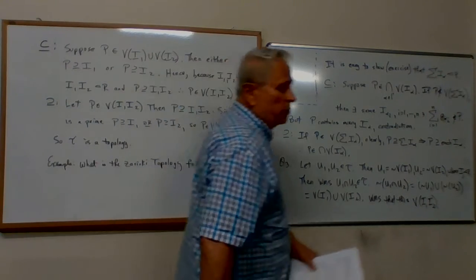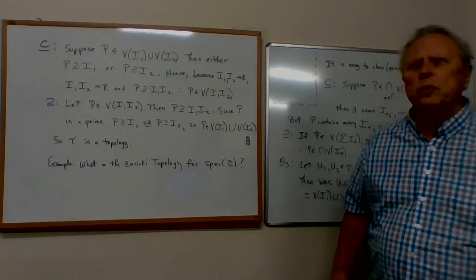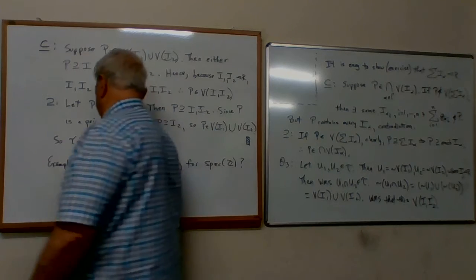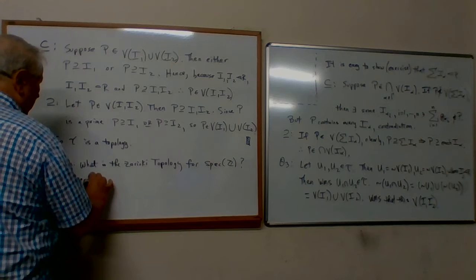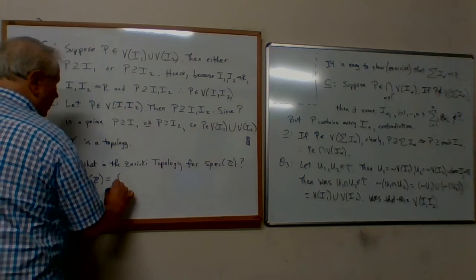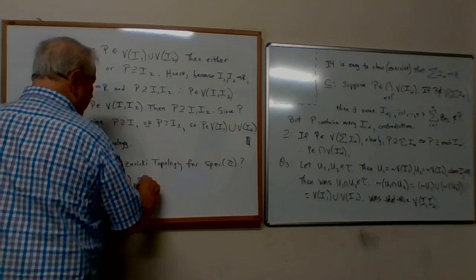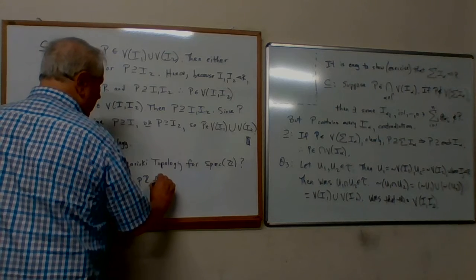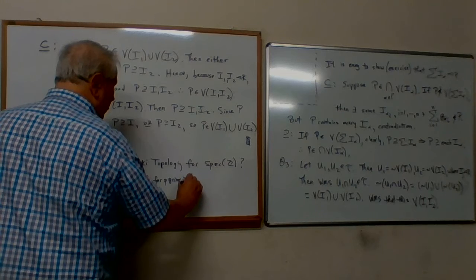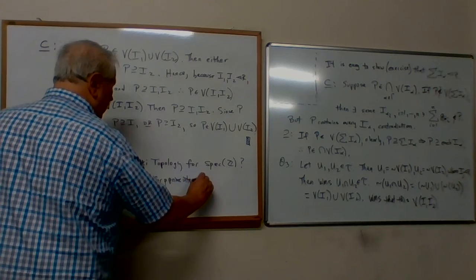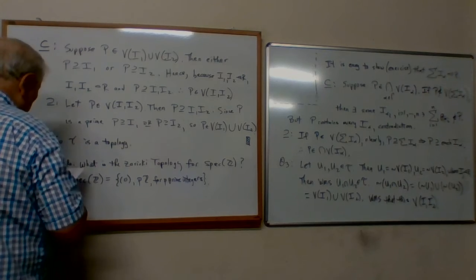What is it? What are its properties? Well, let's enumerate spec Z. We already talked about it. Let's write it down. Spec Z is equal to the zero ideal and all of the pZ for p prime integers. So an infinite set, that's the set of all the prime ideals for spec Z.